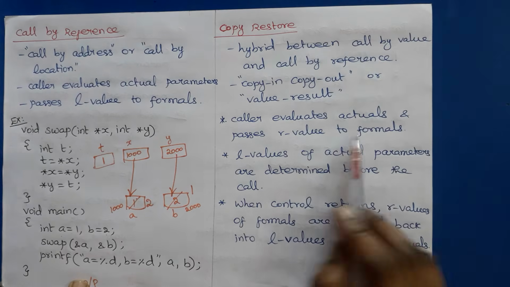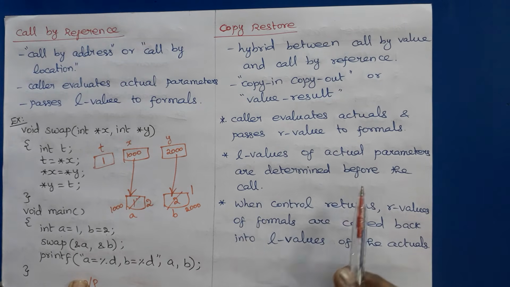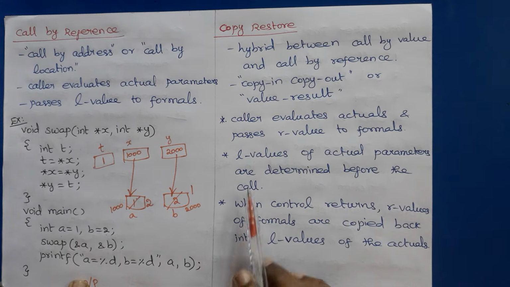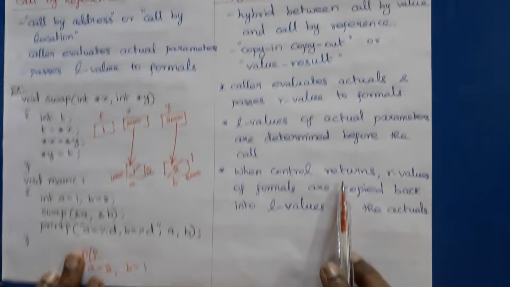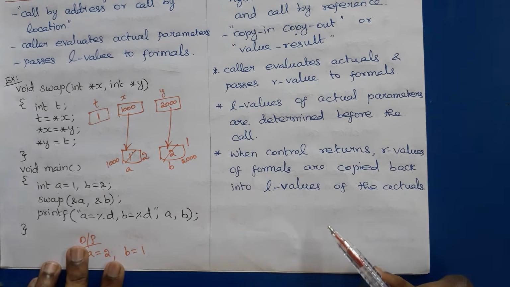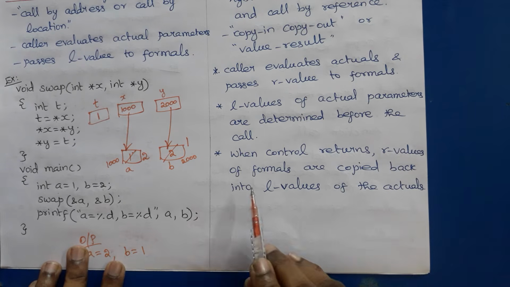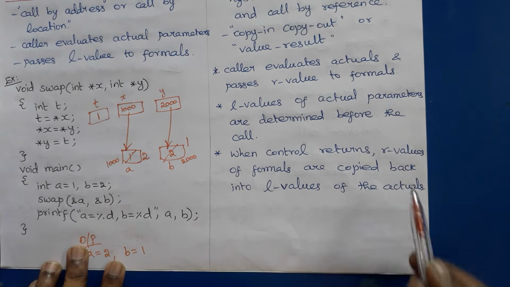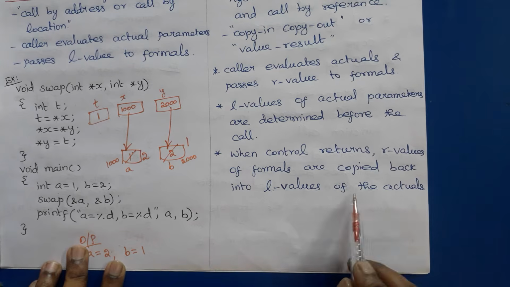So this is similar to call by value, but before function call, L values of the actual parameters are also determined. And then whenever a control returns from the called procedure to calling procedure, R values of the formals are again copied to L values of the actuals.